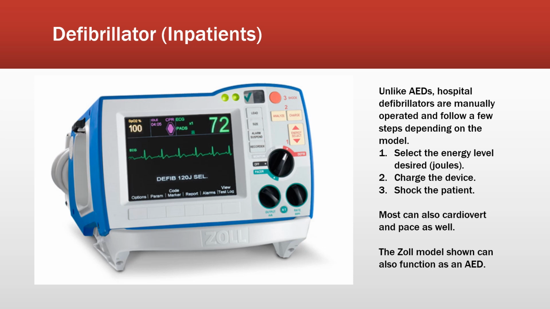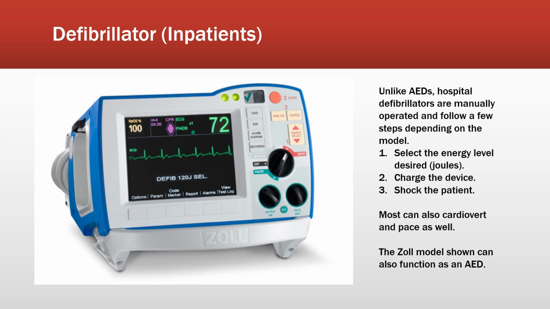You're going to point the knob to 1, and then it says energy select. You're going to pump it up to whatever the provider tells you. Depending on whether we're cardioverting or defibrillating a patient in an actual code blue, the provider will tell you the number of joules.